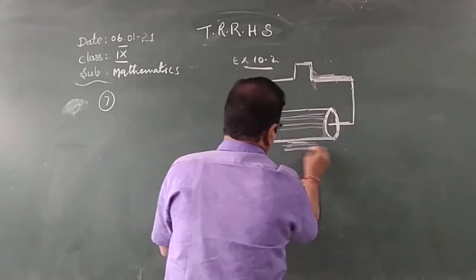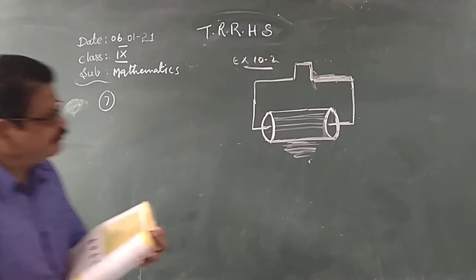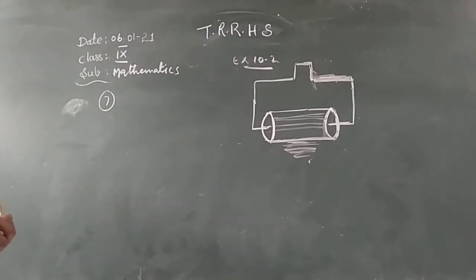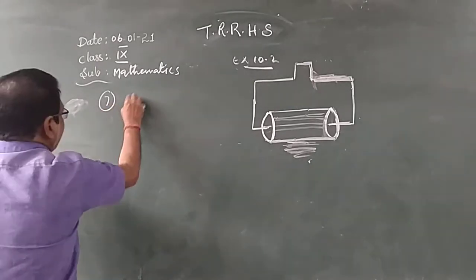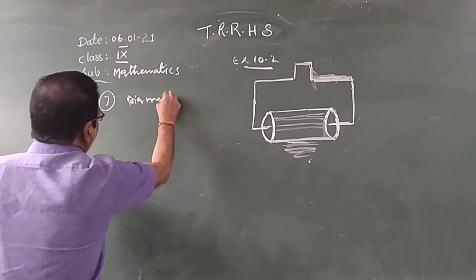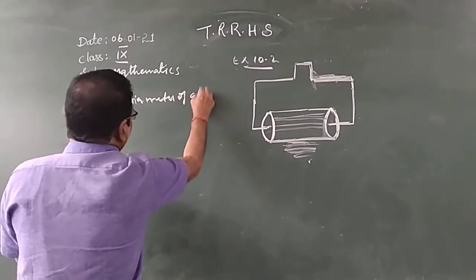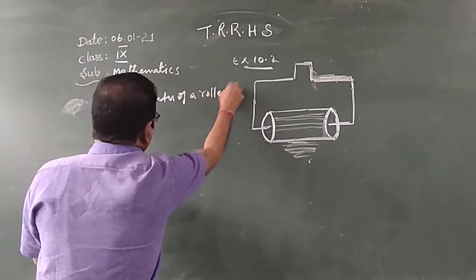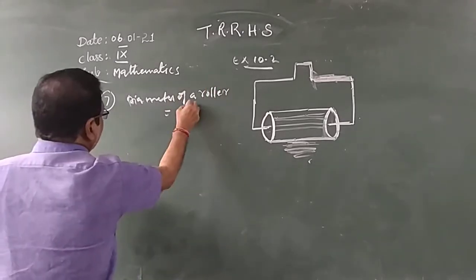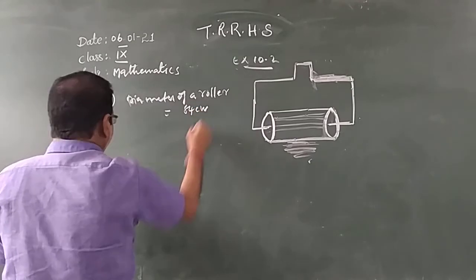The road roller rolls like this. The diameter of a roller is equal to 84 centimeters.